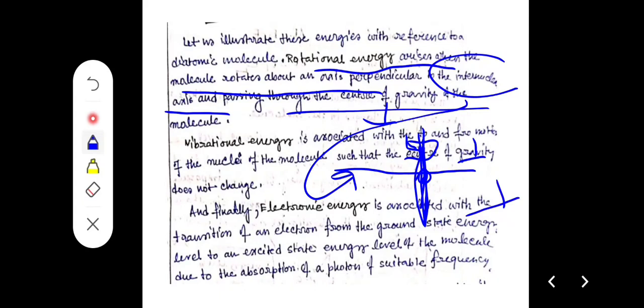Okay. If the center of gravity is present in this position, then obviously the rotational axis passes through the center of gravity. In that case, some energy is generated, and this is termed rotational energy. Okay.